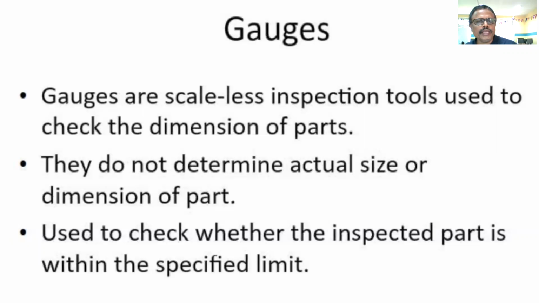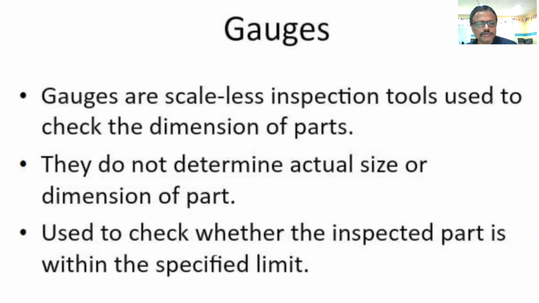That means you are not making the measurements, but they are the inspection tools. Basically, the gauges do not determine the actual size or dimension of the part. They are also used to check whether the inspected part is within the specified limits.